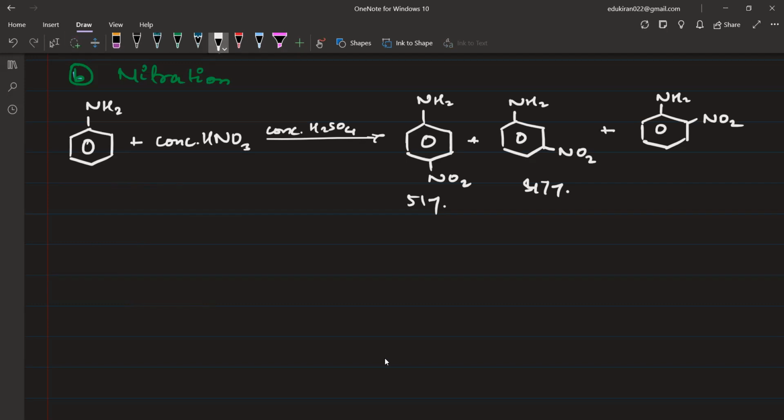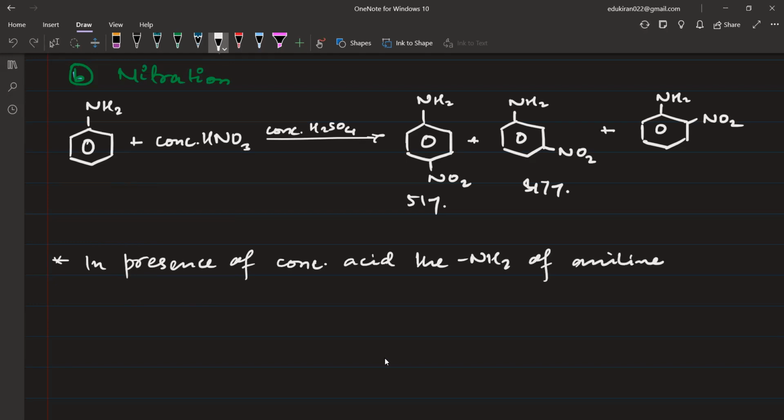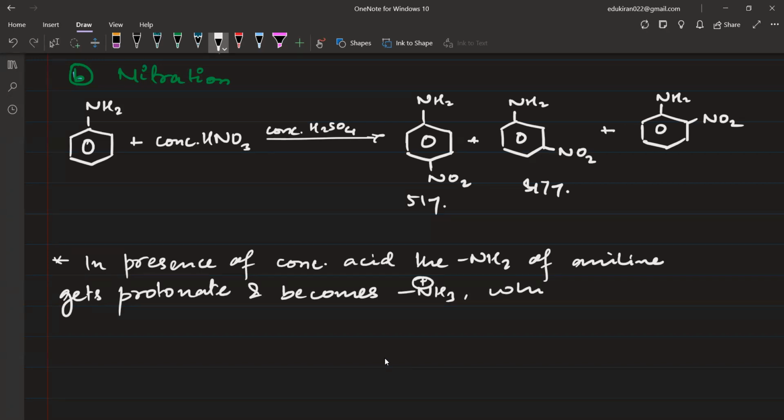So please write. In presence of concentrated acid, the NH2 of aniline gets protonated and becomes NH3 positive, which is a deactivating and meta-directing group.